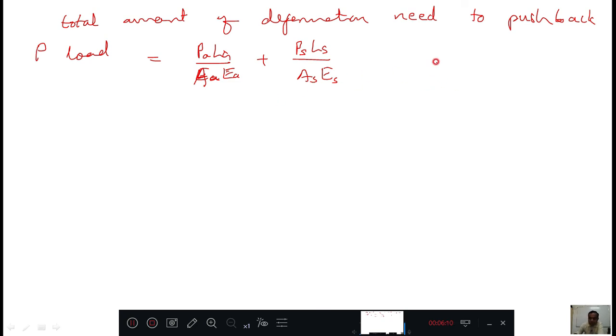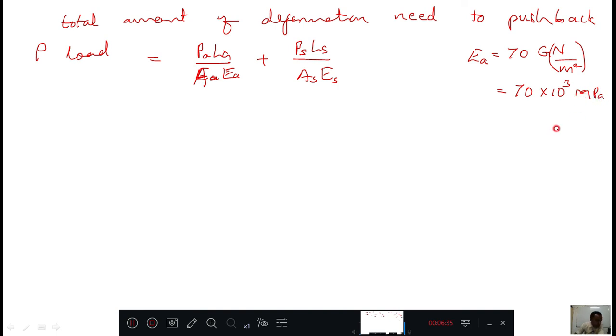But the tricky thing here is the unit of E. The unit of E is 70 giganewton per meter square. Giganewton per meter square means this is Pa, this is GPa. GPa to MPa, just multiply by 10 raised to 3. Then it becomes MPa.